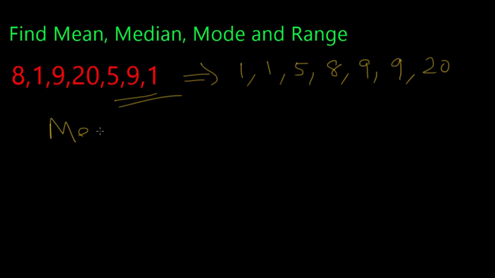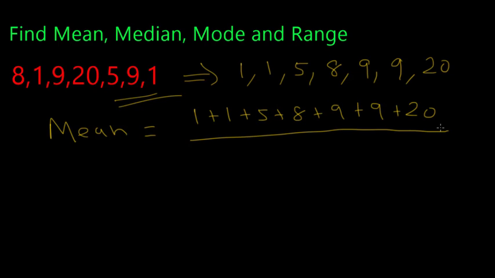To find mean, you need to sum all the numbers and divide by the total number of records.